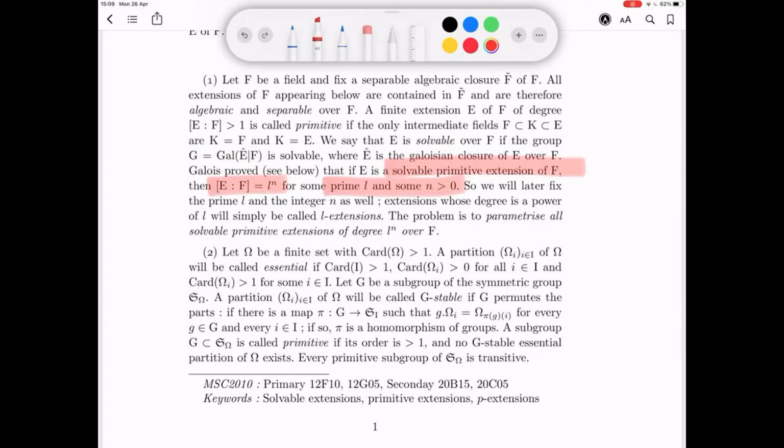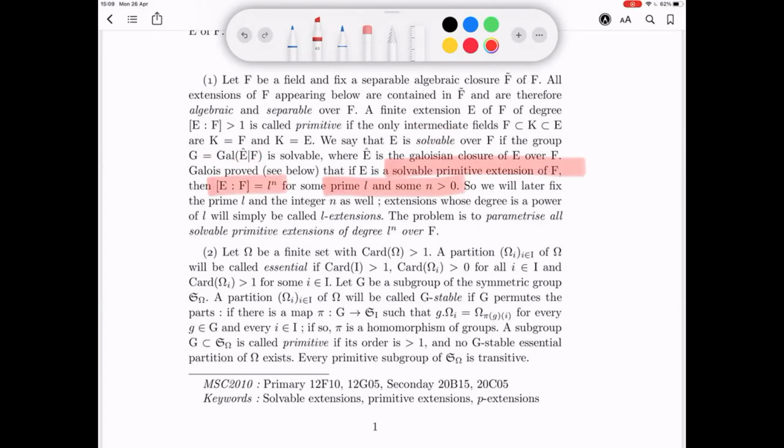He wrote one very important paper called the first memoir, which contains basically the elements of Galois theory and the theorem that an extension is solvable by radicals if and only if its Galois group is a solvable group.